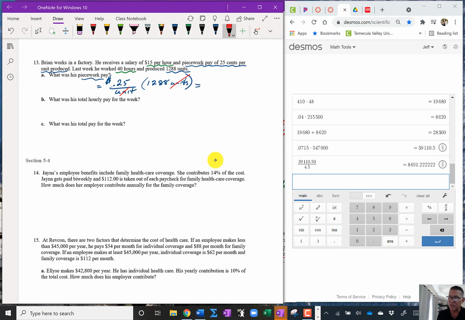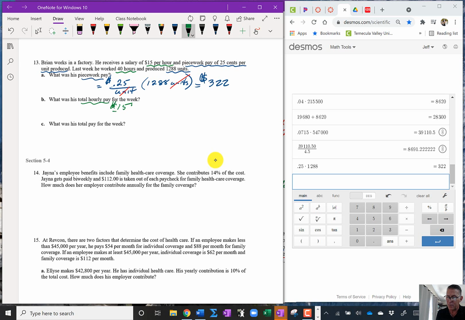Now, he also gets an hourly wage, and to get the total hourly pay, you got to take your hourly rate, which is $15 per hour, and multiply it by how many hours, which in this case is 40 hours. So you got to take 15 times 40, which should be 600. So $600 for that week, because he works that many hours per week. All right, and then the question is what is his total pay?